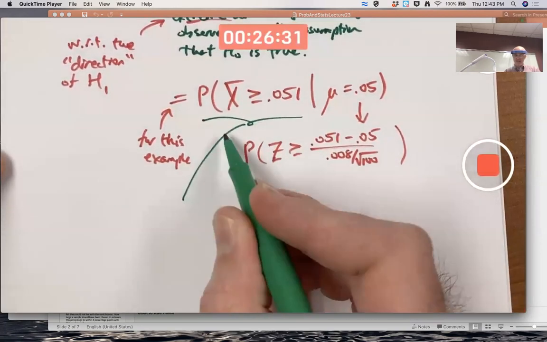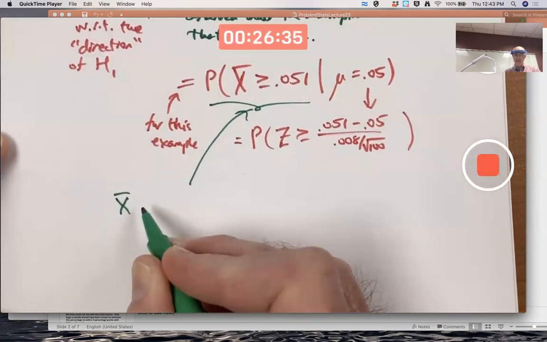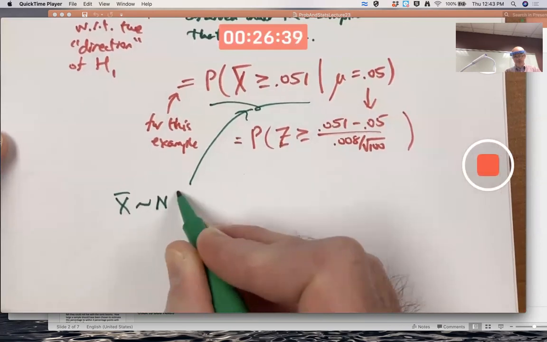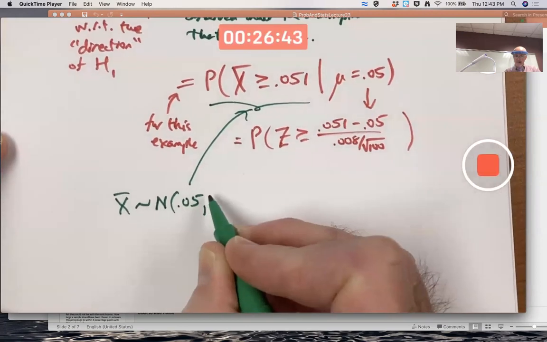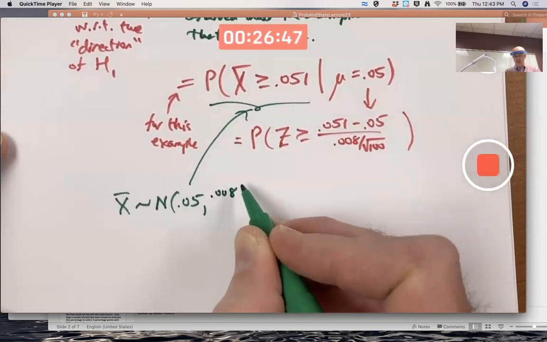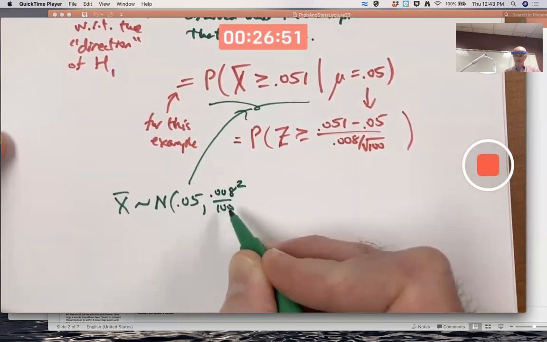In thinking about this, I'm assuming X bar is at least approximately normal with a mean of 0.05 and a standard deviation not of sigma, but of sigma over square root of n, and therefore a variance of sigma squared over n.